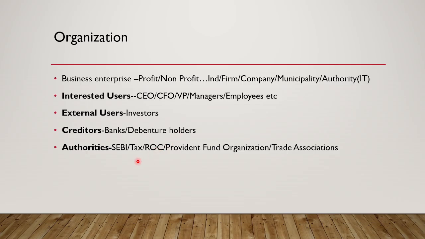And authorities, say if shares are listed for a company, then SEBI is the authority. Then we have tax, then ROC, Registrar of Companies. Provident Fund Organization will see whether we are deducting the correct provident fund for our employees and depositing it or not. Trade associations and all that, so they will take decisions as per that. So they will use the accounting information, right?